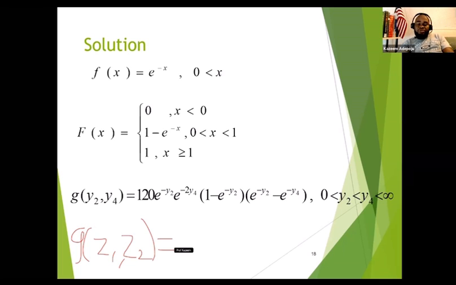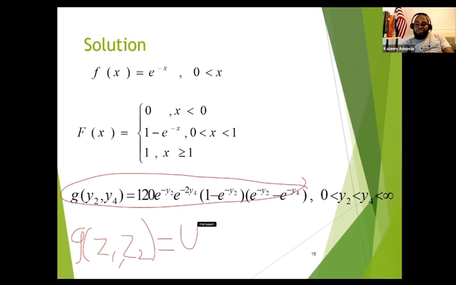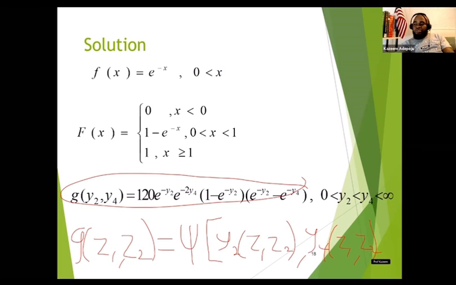Based on what you have here, you need to express y2 as a function of z1 and z2, and y4 as a function of z1 and z2, all multiplied by the determinant of the Jacobian.